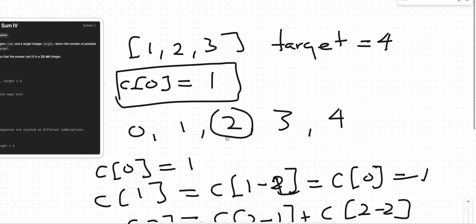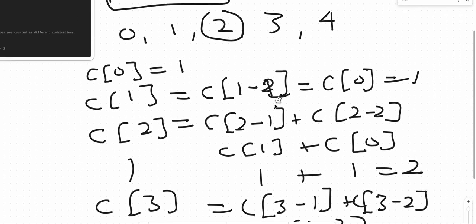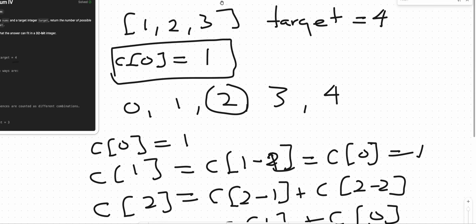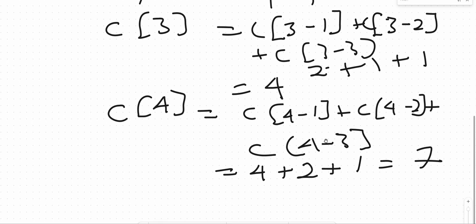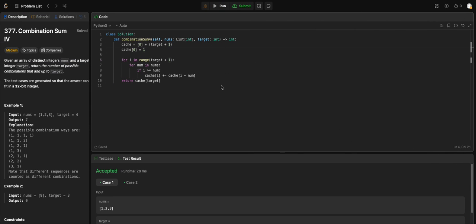As you can see, for 2 you take 2 minus 1 and 2 minus 2, for 3 you take 3 minus 1, 3 minus 2, 3 minus 3, and for 4 you take 4 minus 1, 4 minus 2, 4 minus 3.